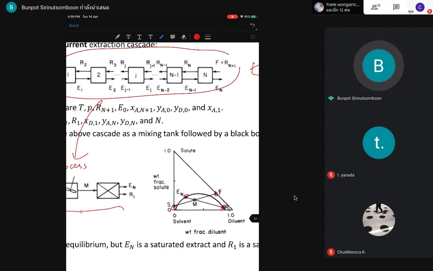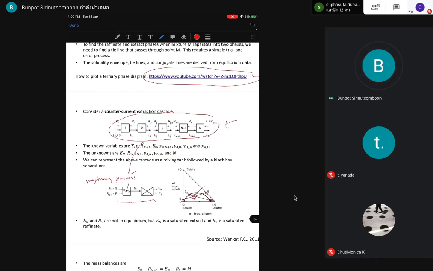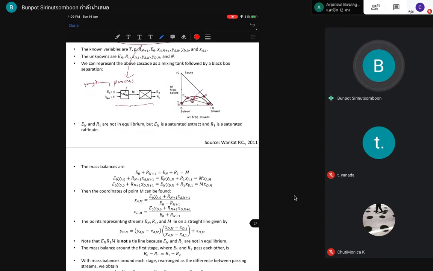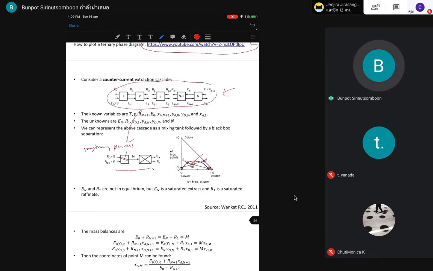When you draw the lines from these four points, you're gonna get an intersection here, and this intersection point is M. When you do the mass balance around this M point, you're gonna get these equations. I'm gonna go over this a bit fast, but basically again, you have a process with multiple stages, right?